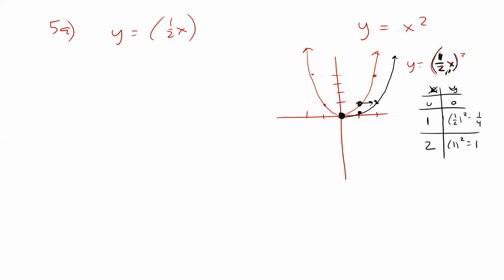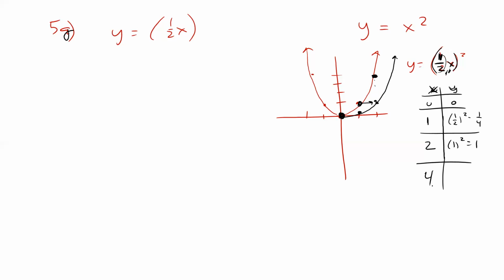Maybe, okay. How does that translate to the graph? We'll do the 5G in just a bit here. Okay, so just want you to kind of realize this. If you wanted to get to 4, you have to square 2, correct? But you got this little 1/2. So everything is taking twice as long to square.